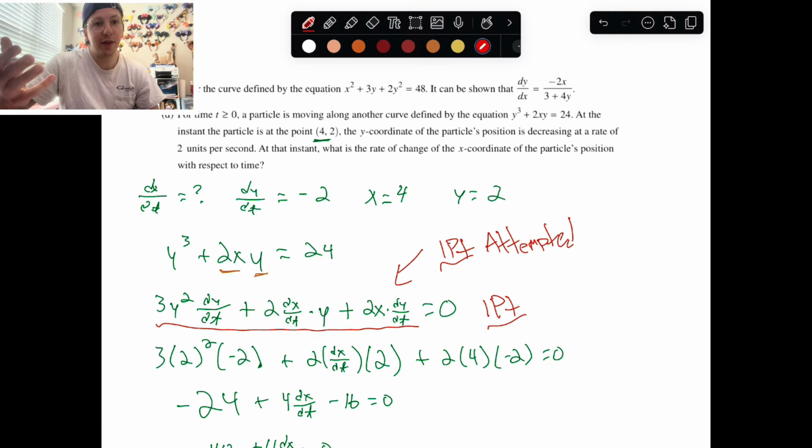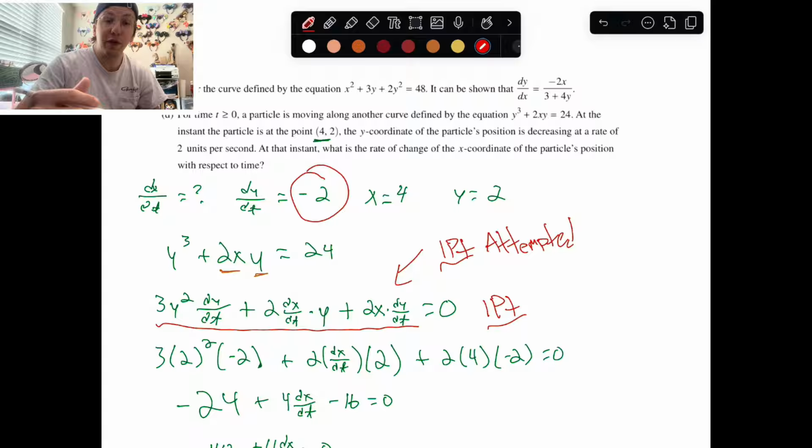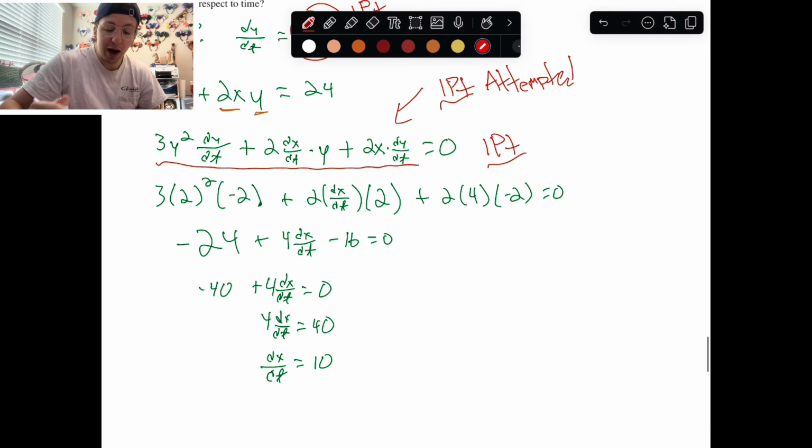If you correctly got the derivative with respect to t, you got another point. If you realized, hey, I need to use -2 for dy over dt, they gave you a point also. And lastly, if you got dx over dt is equal to 10, you got 1 point. And that is all 9 points allocated for this FRQ.